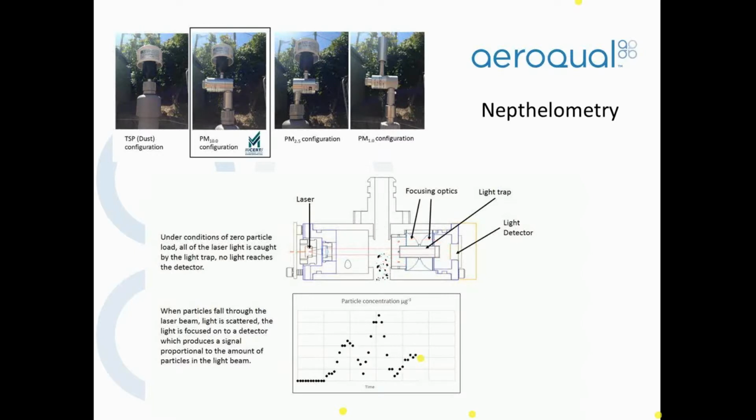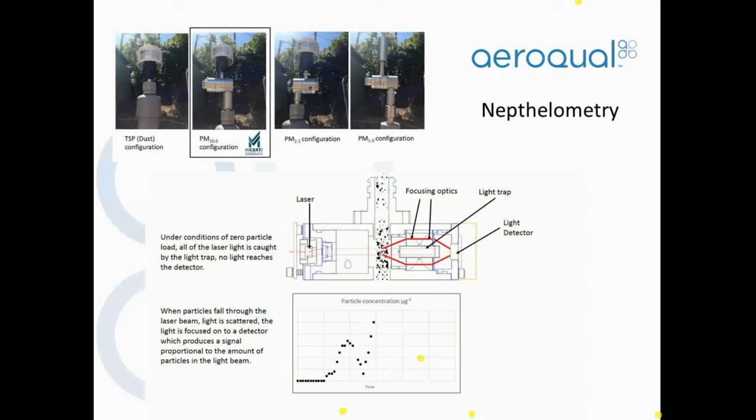And that forward scattered light is collected by focusing optics and is then focused down onto a light detector. So as the light detector picks up that scattered light, we get a measurement in particle concentration in micrograms per cubic meter.